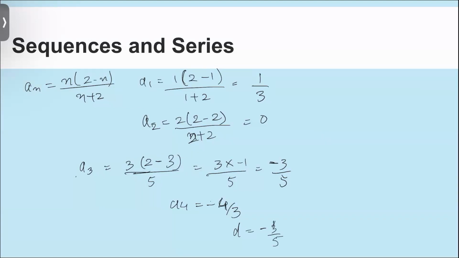This will be minus 4 by 3 plus 3 by 5. This then becomes minus 20 plus 9 upon 15, that is minus 29 by 15. So you see that in this sense, your common difference is not really existing easily.